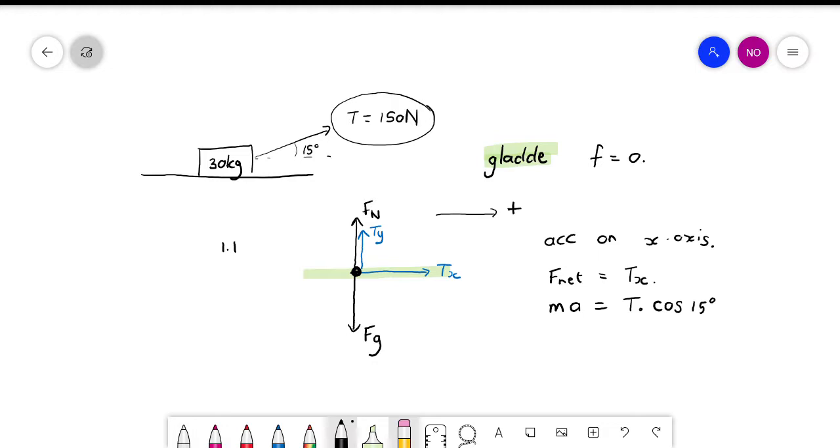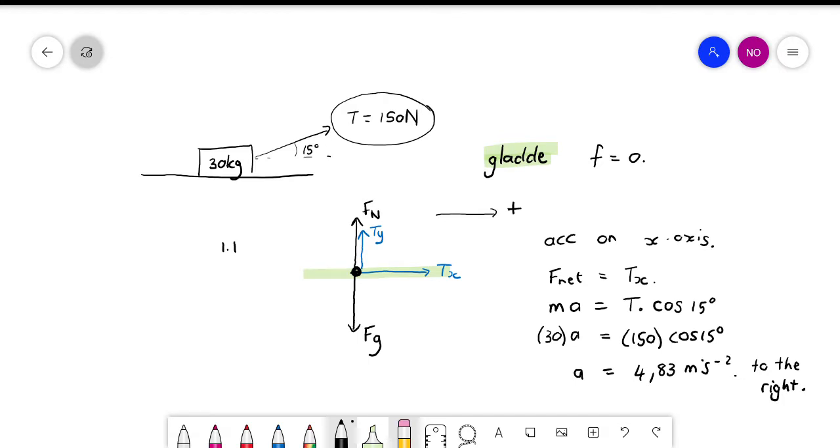Okay, and that you just type into your calculator. I'm not actually done with my substitution, so this is 30, a is what I want to calculate, this is 150 cos of 15 degrees, and then you will find, divide by 30, that is equal to 4,83 meters per second to the power of -2 to the right.